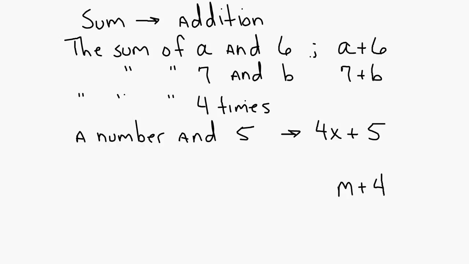If you're just asked to write the written version of m plus 4, how would you word it? The sum of m and 4. Wouldn't it be what you just did up here, but in reverse order?